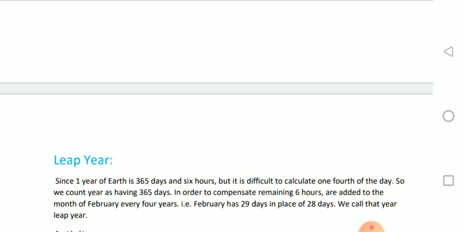In order to compensate, the remaining 6 hours are added to the month of February every 4 years. For example, February has 29 days in place of 28 days. We can call that year a leap year. Basically, leap year comes after 4 years, and all other years are ordinary years.